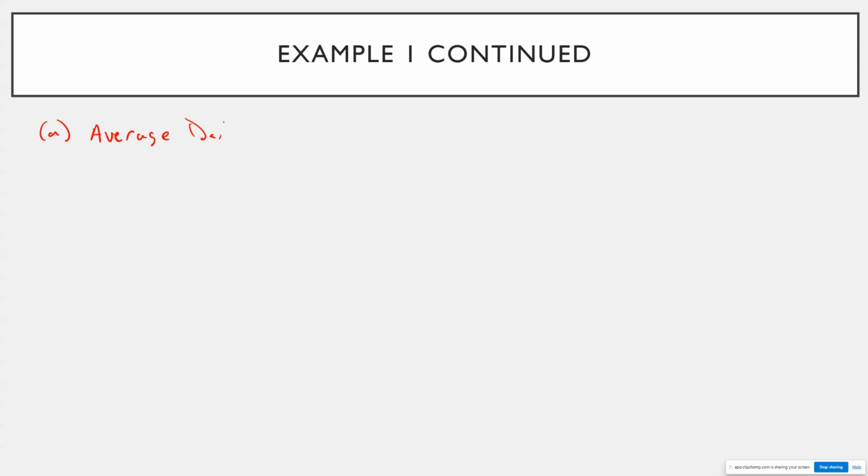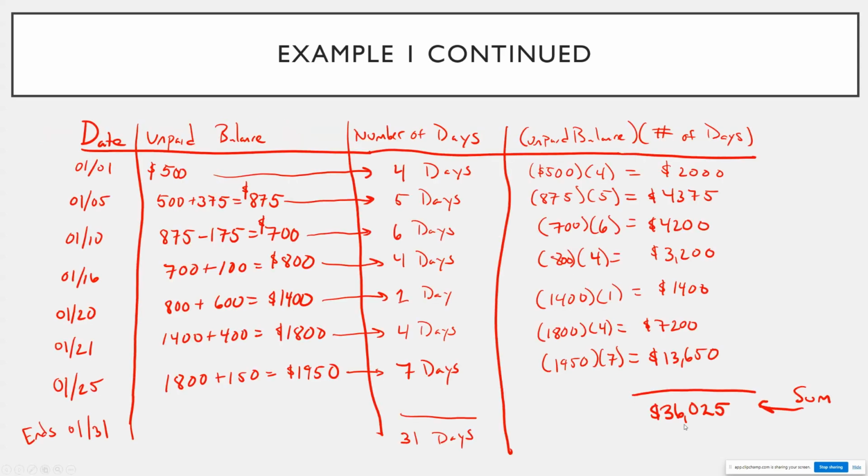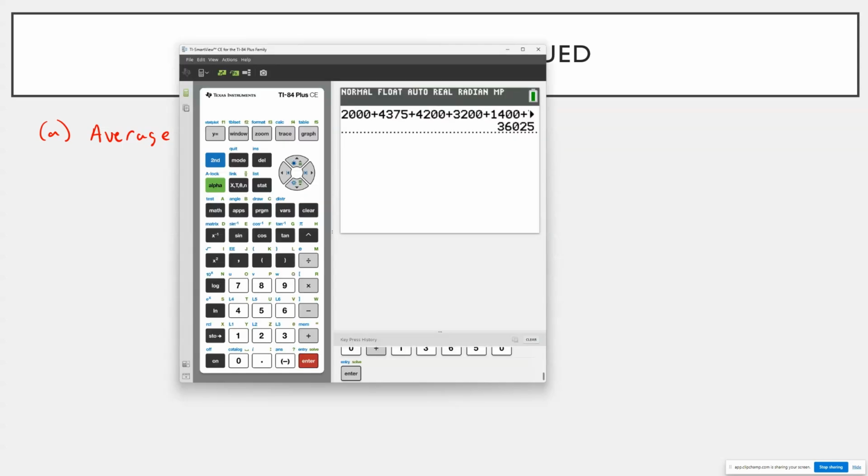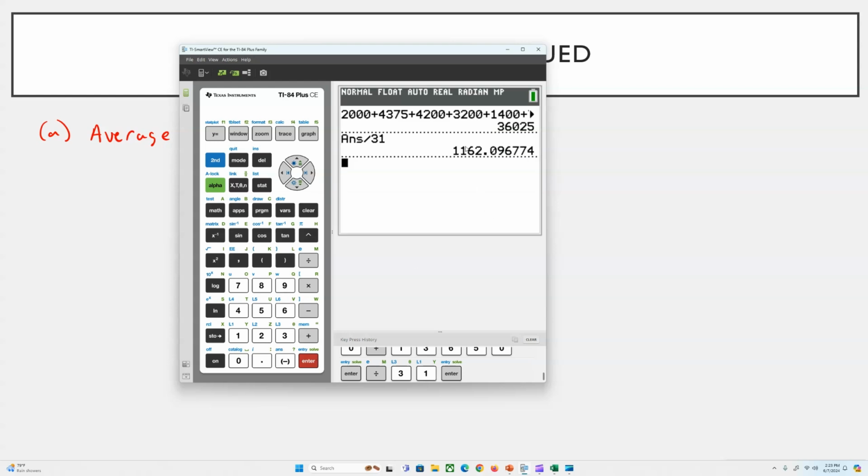Average daily balance: you're taking this sum here, $36,025, and dividing it by the number of days in the billing period, which is 31. I'm going to round to the nearest cent. So it's $1,162.10.